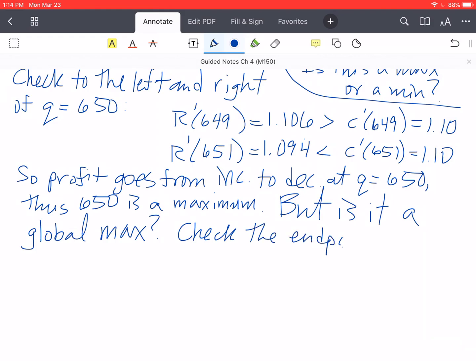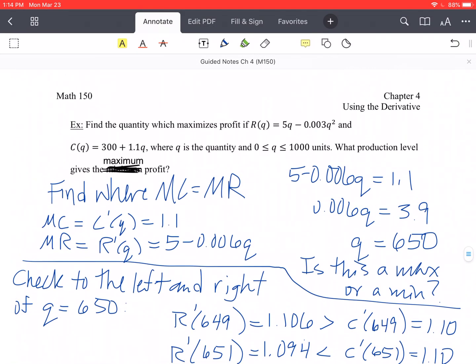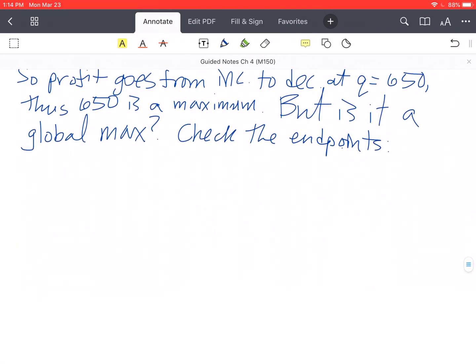Because remember, the global or absolute max can occur at either the critical points, which we found, 650, or at the endpoints. So the endpoints, if we go back up to the problem here, this is from Q going from 0 to 1,000. So we're going to need to check at 0 and check at 1,000.